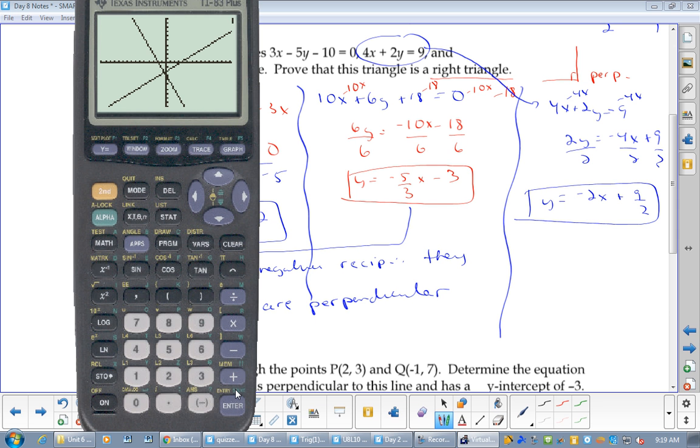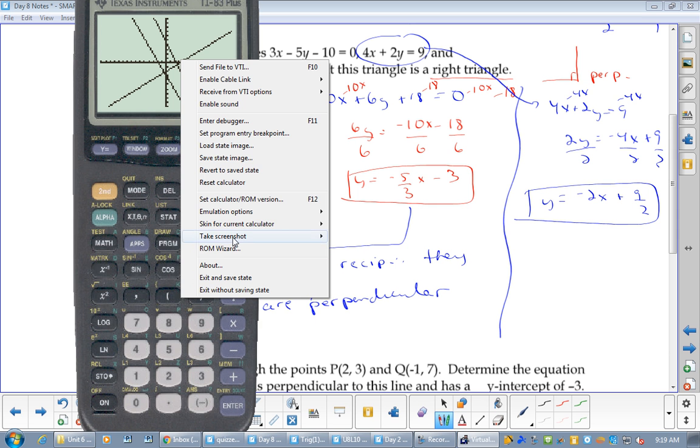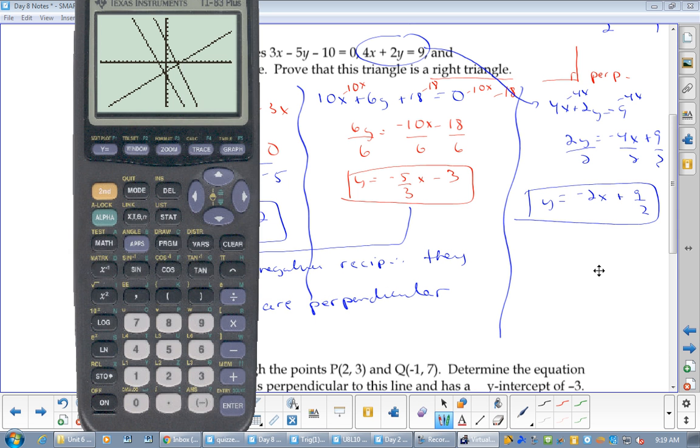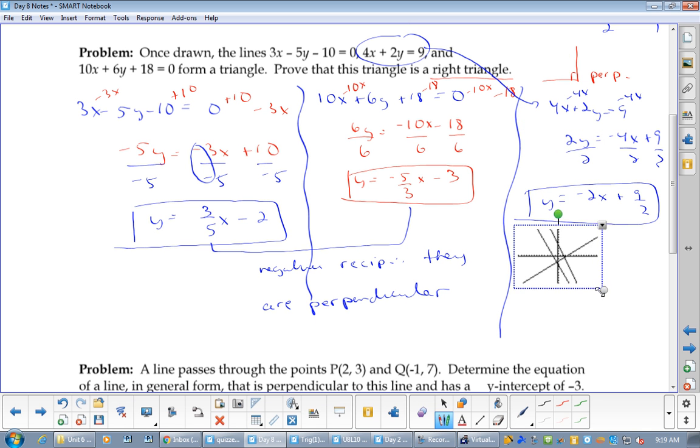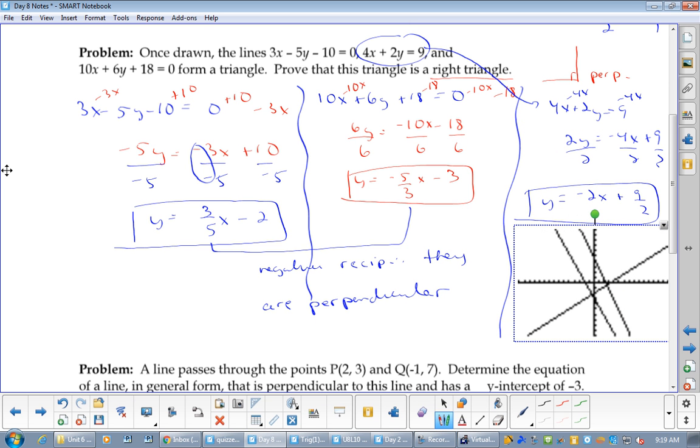Okay, and that's another way to check your work. Right, to make sure that, of course, you are okay, so here is my right angle right there. Okay, and these would be meeting up down here somewhere.